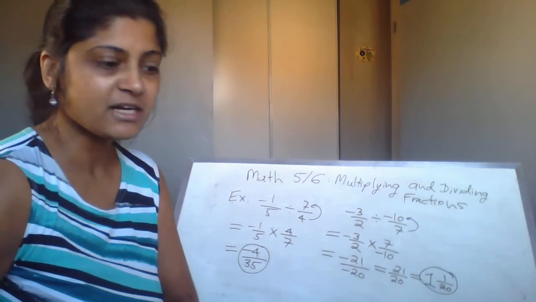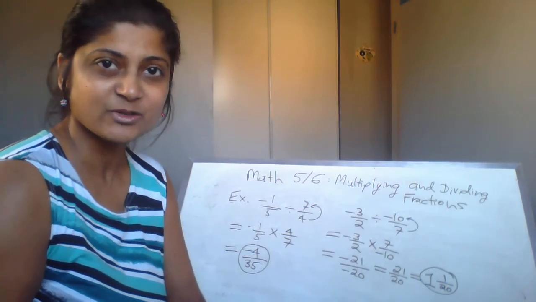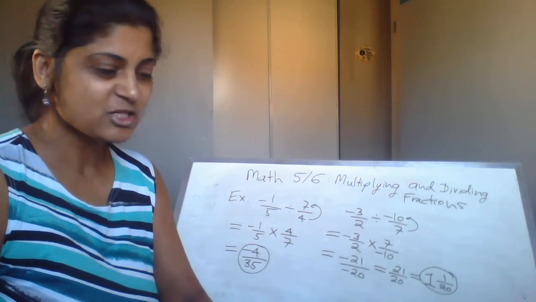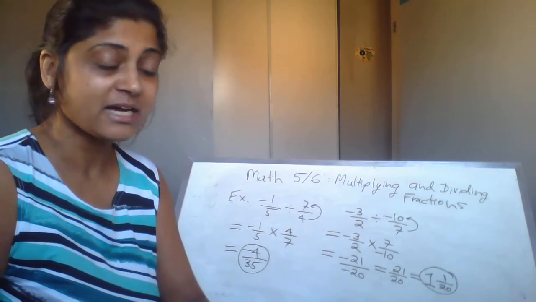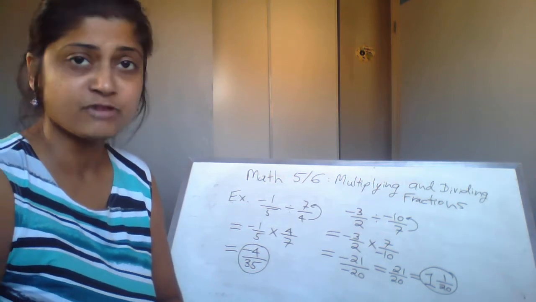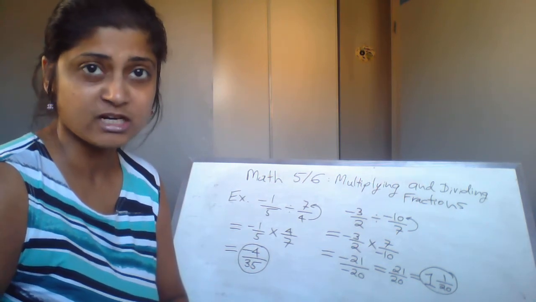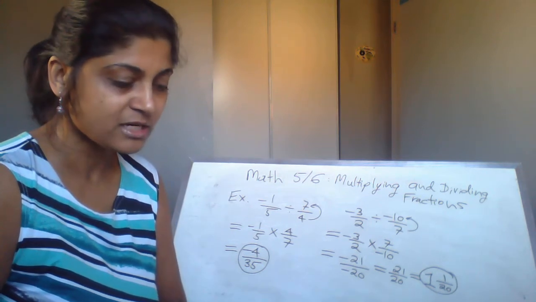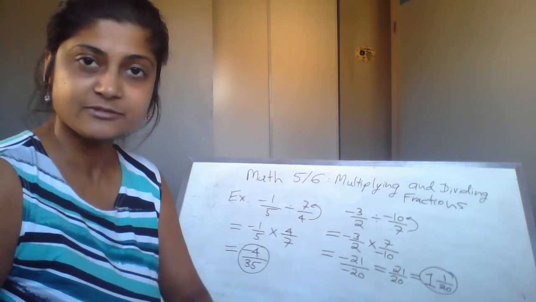So my final answer here is 1 and 1 over 20. Make sure, again, most teachers will ask you to keep your final answer as a mixed fraction and not the improper fraction.